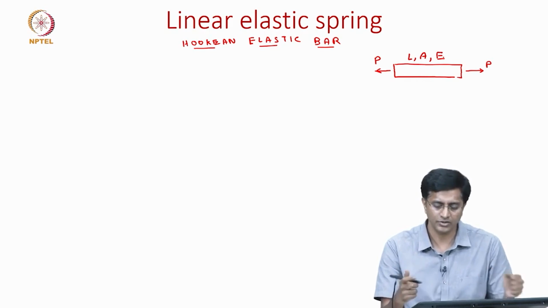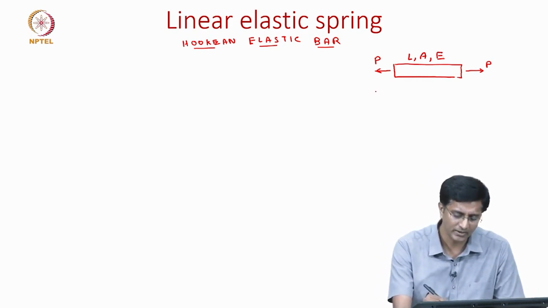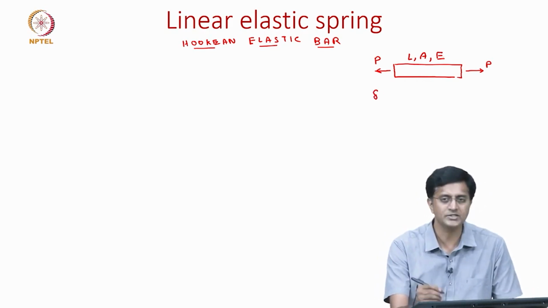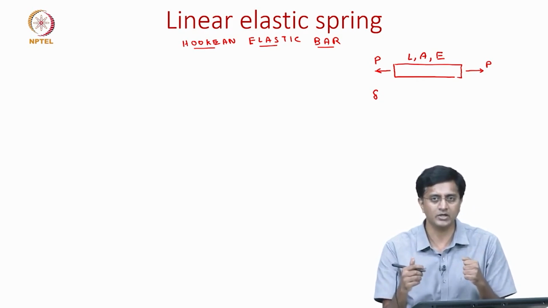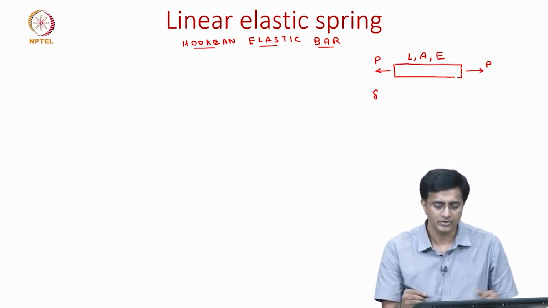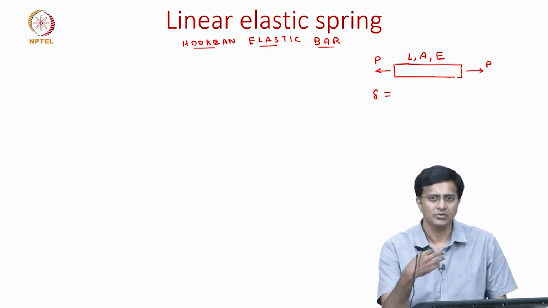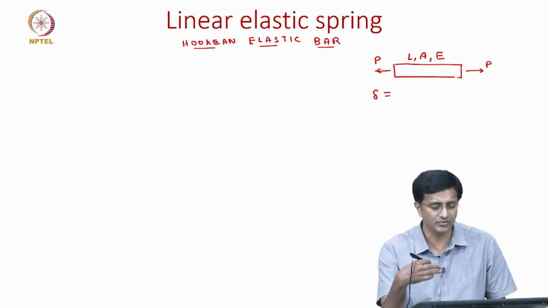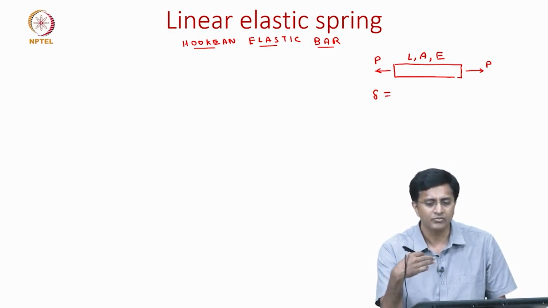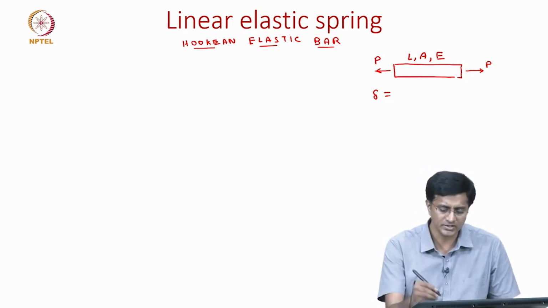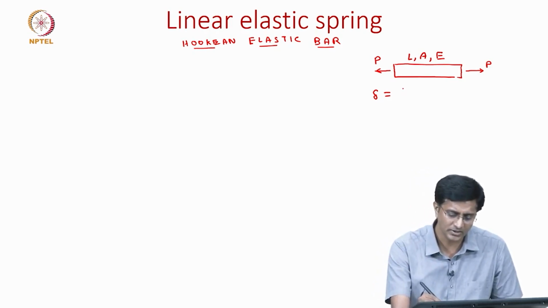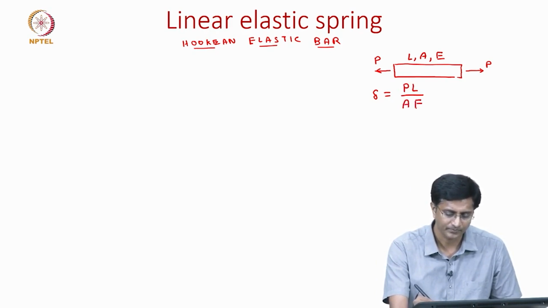How much does it deform? Let us say it deforms by delta, the deformation because of the applied load P. From basic solid mechanics where we discussed bars, we know for elastic bars this deflection is delta equals PL by AE.